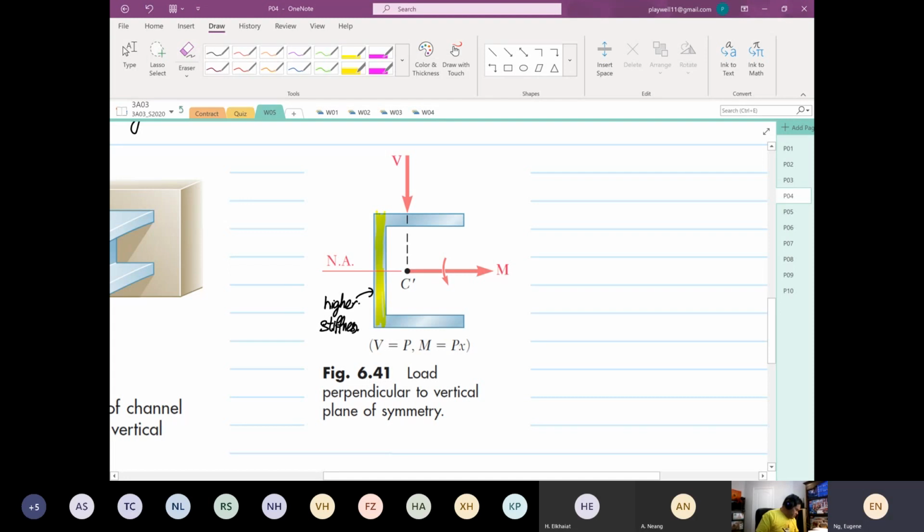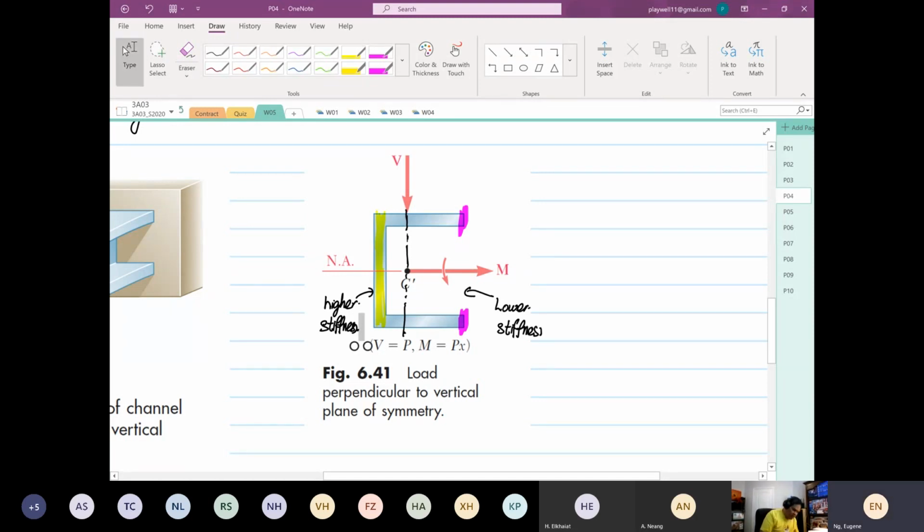Where else? The right-hand side. This region over here, because of the thickness or there's a gap. You see there's a gap. So this side relative to the centroid, this is our centroid, over this side it has lower stiffness.